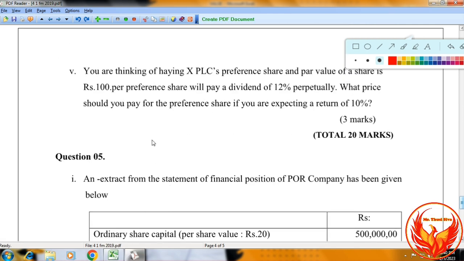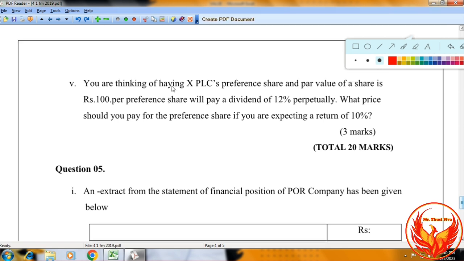So the final part of the question is: you are thinking of buying XPLC's preference shares, and the par value of each share is ₹100. Each preference share will pay a dividend of 12% perpetually. What price should you pay for the preference share if you are expecting a return of 10%?